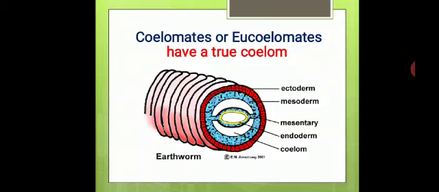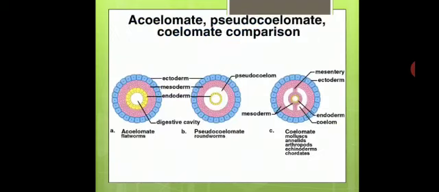Is it clear? We have three types of coelom. One is acoelom, where coelom is absent. Pseudocoelom, that is false coelom is there. Coeloms means where coelom is actually present. So we can get clarified with this picture. First one is acoelom, where the coelom is absent.